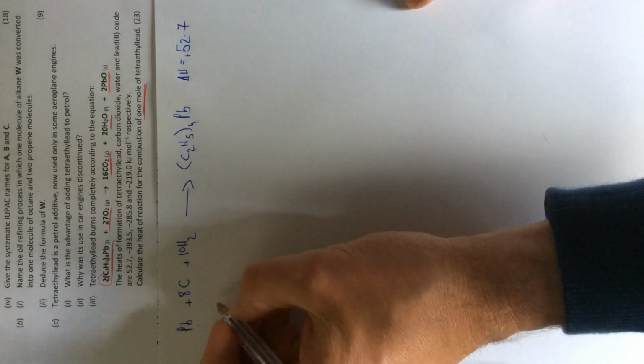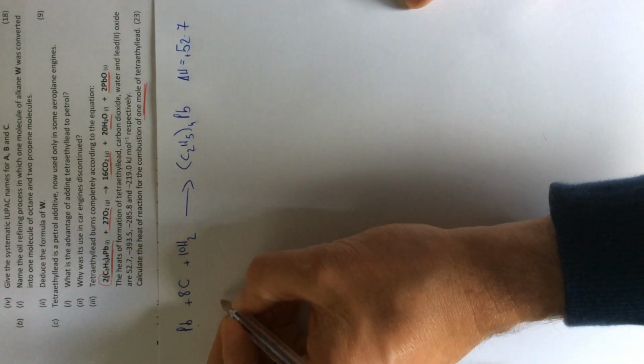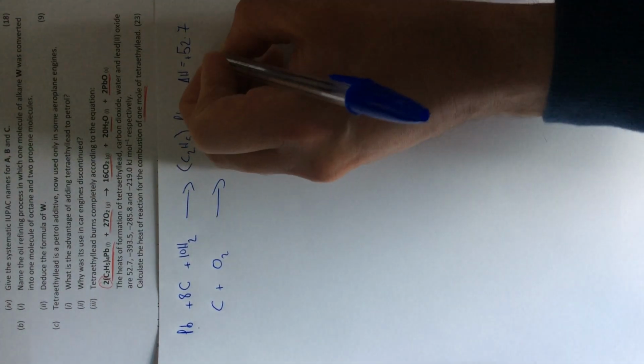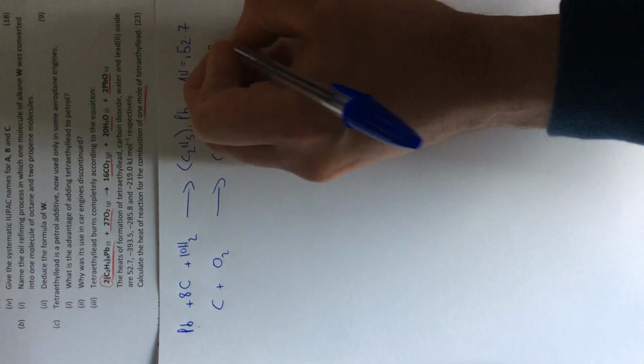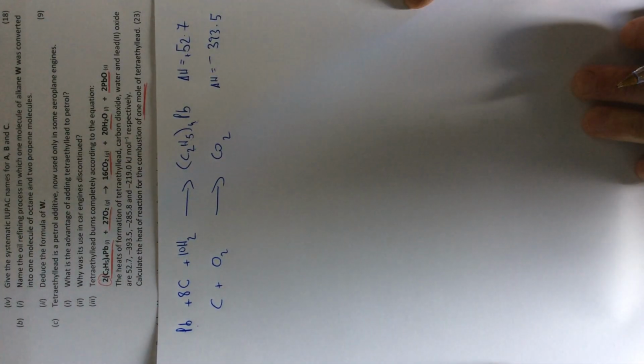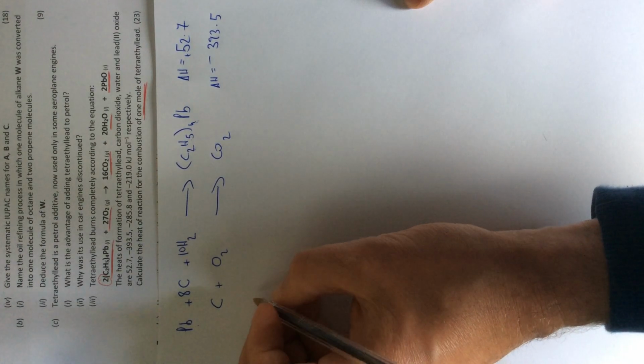Now the next 3 are easier, which is good to know. Next one, carbon dioxide, CO2, formed from carbon and oxygen. And the delta H there is minus 393.5. Okay. Next one then is water, which is H2O.